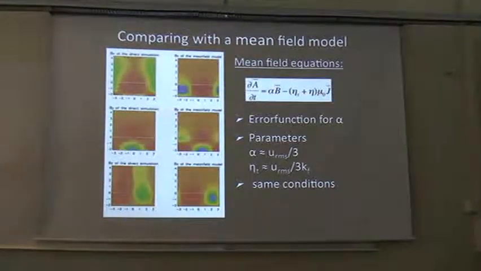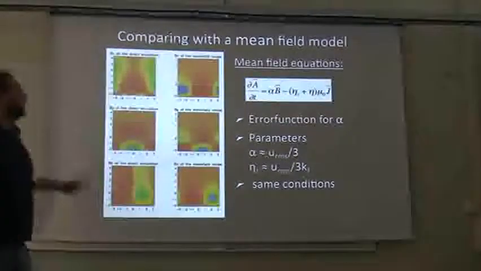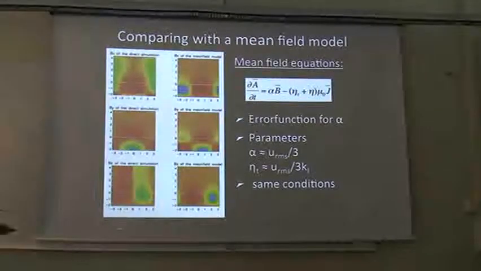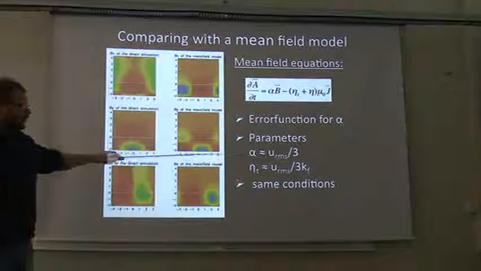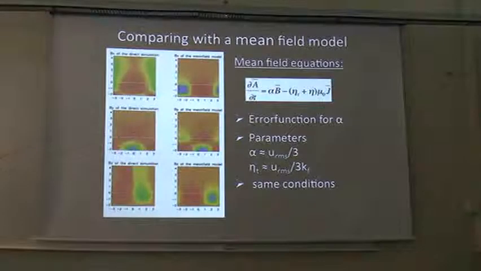To get the mean field model right, I also use the error function for alpha, so that you have an alpha in the lower part and no alpha in the upper part. I choose these parameters, taking U and S from the simulation. Then I compare this, and you get very similar shapes. So it means the simulation is consistent with the mean field model, which is important for the dynamo.